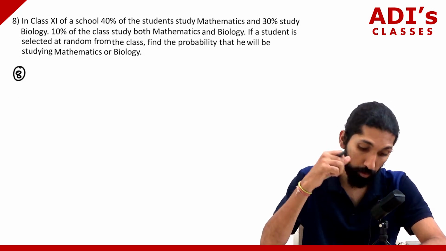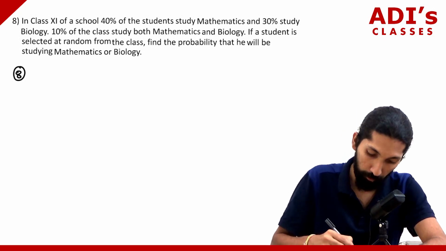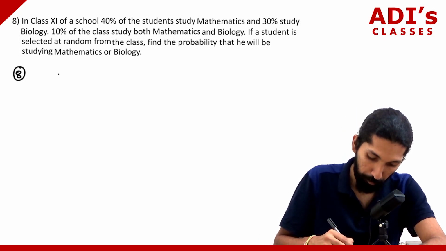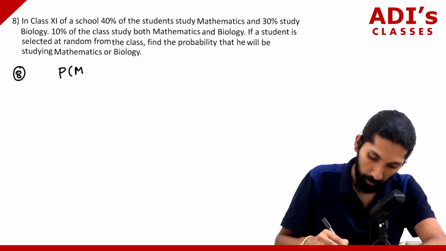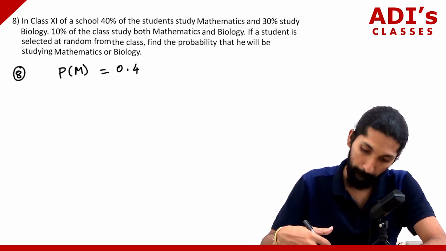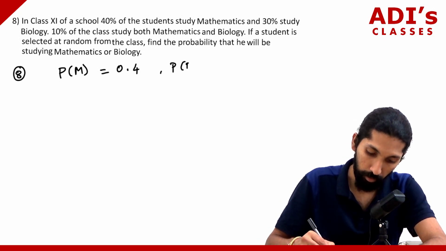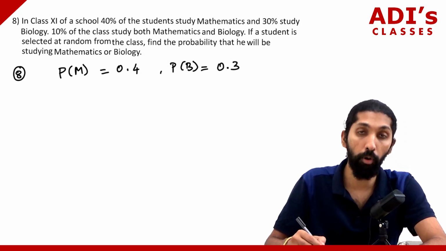In class 11 of a school, 40% students study math. So I would say that P(M) is 0.4, 40%, right? 30% study biology. P(B) is equal to 0.3. 10% study both.